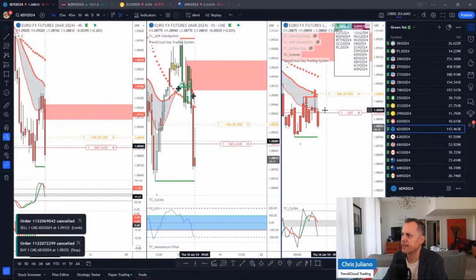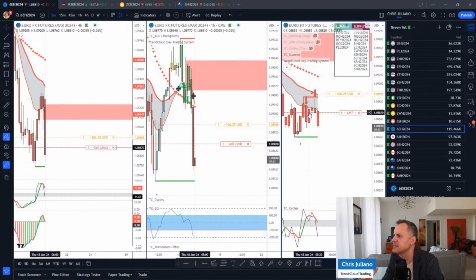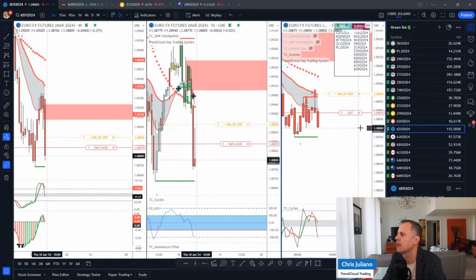If we get a pullback there, might be able to get in. This signal right here would just be a little bit later. And what would that cost right there?